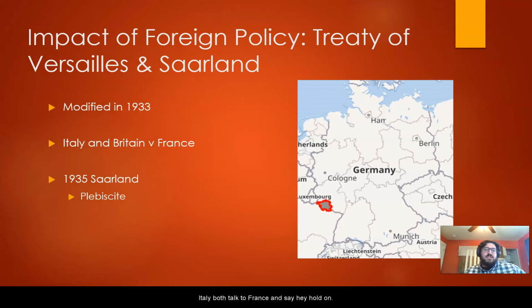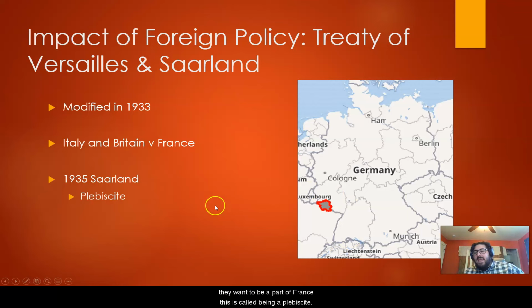Italy both talked to France and say, hey, hold on. We did take this land away from Germany, and they have been with you for the past 20-ish years. So how about we have them make a vote? How about we make the people of Saarland take a vote to decide who they want to be in charge, who they want to be a part of. Do they want to be a part of Germany, or do they want to be a part of France?